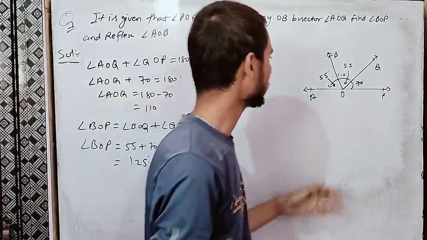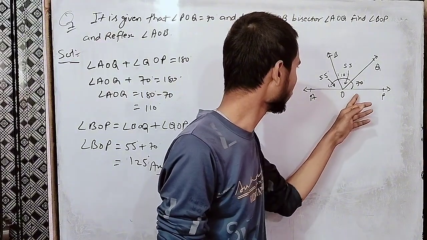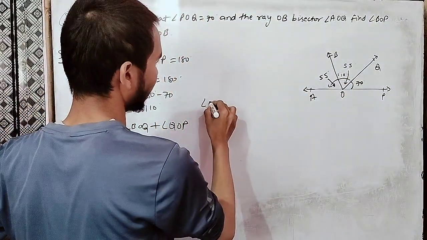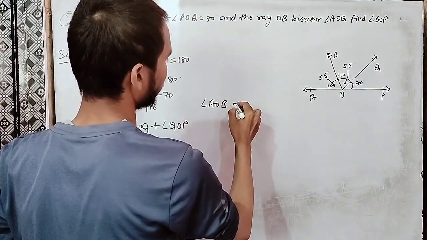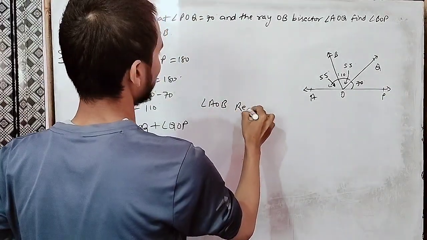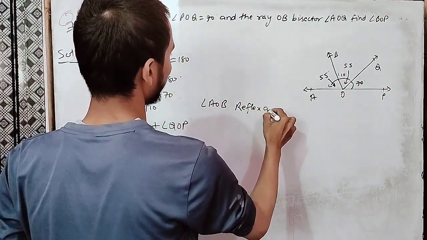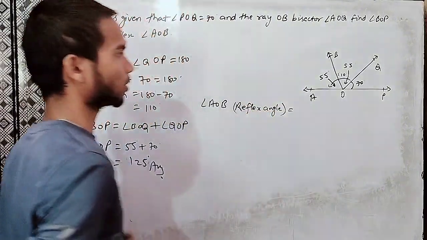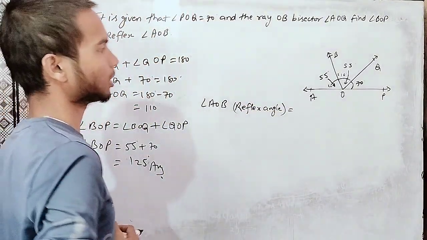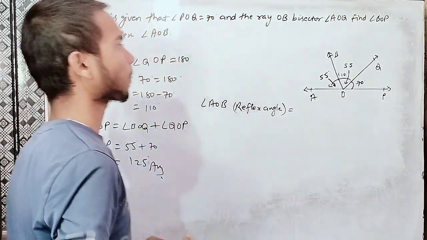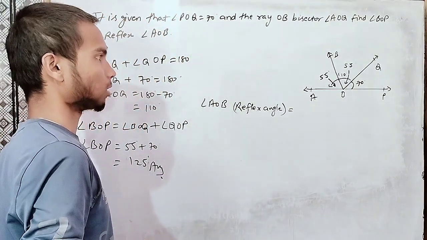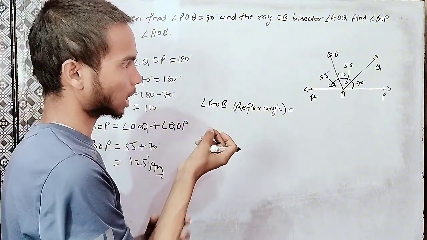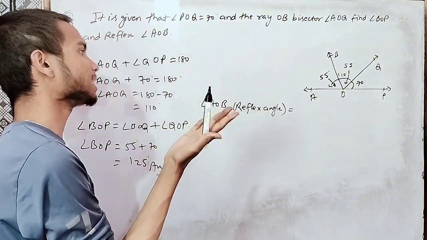Now it's time to find the value of this reflexive angle. So we can easily say that angle AOB is a reflex angle. We already know that a full rotation of a point around a point is 360 degrees.